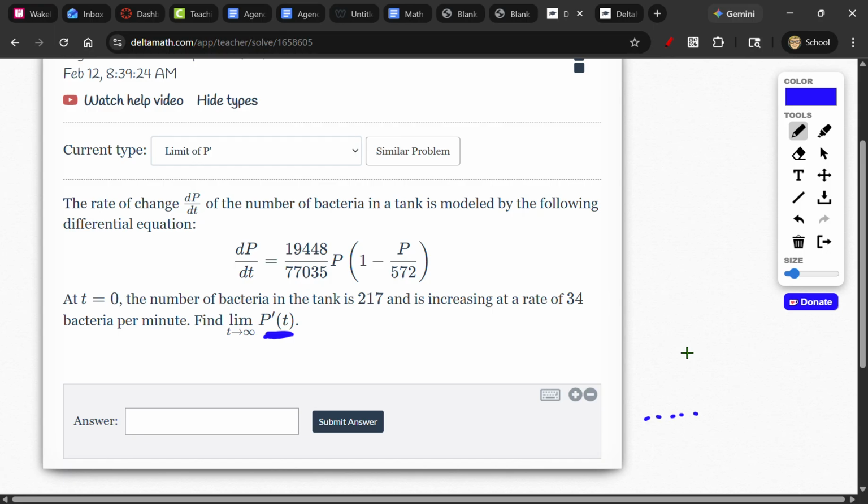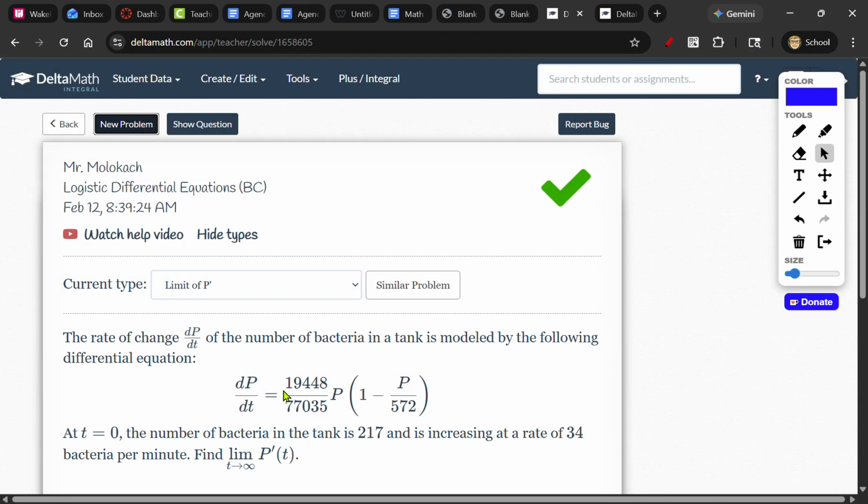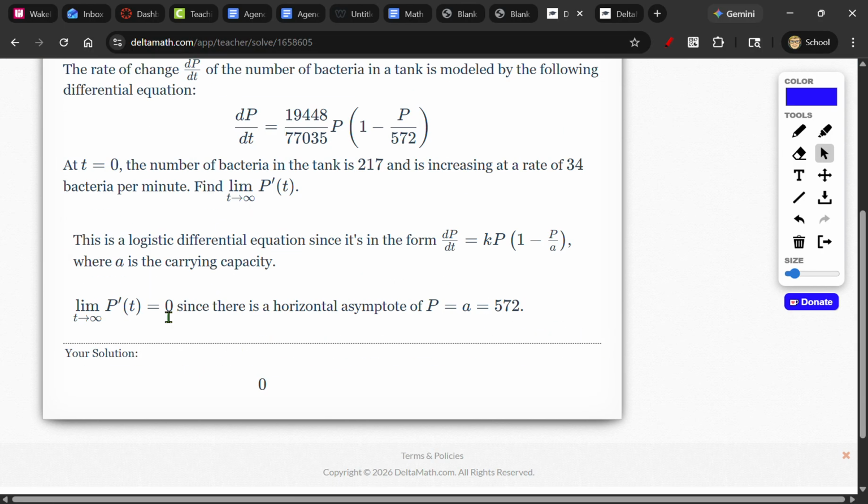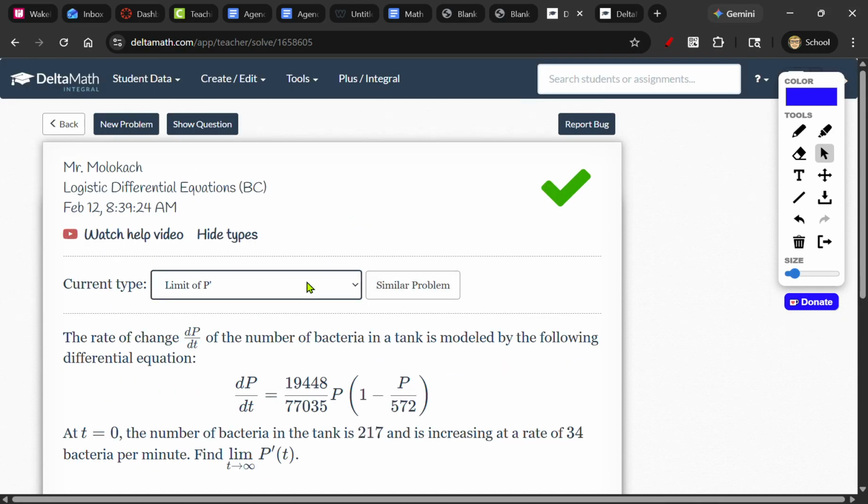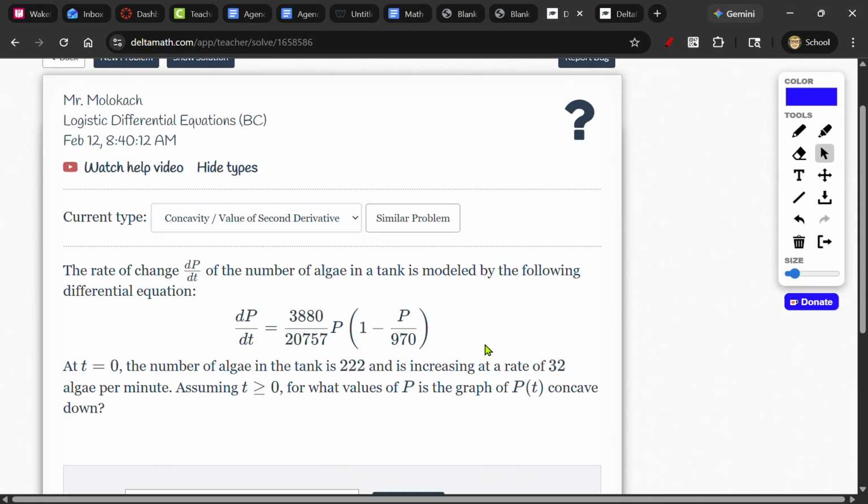And of course, we just said that in the logistic model, as t approaches infinity, this curve starts to level out and become horizontal, right? So the slope of that curve as t approaches infinity would be 0, since there's a horizontal asymptote at the end, okay?